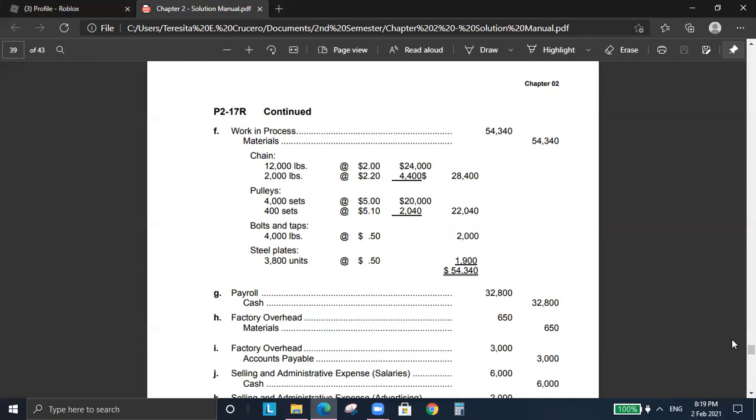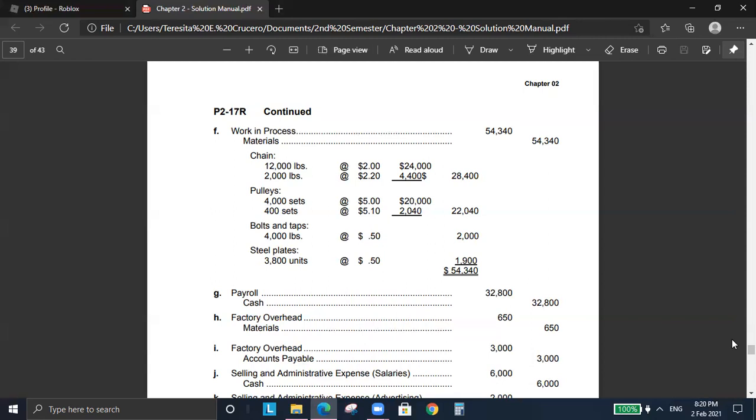In letter G, the payroll paid 32,800. In letter G, debit payroll paid for 32,800 and credit to cash. Now again, take note that in letter A, payroll recorded during the month was to distribute. But in letter A, that's payroll distribution, where you are going to debit part of the payroll to work in process and part to factory overhead.